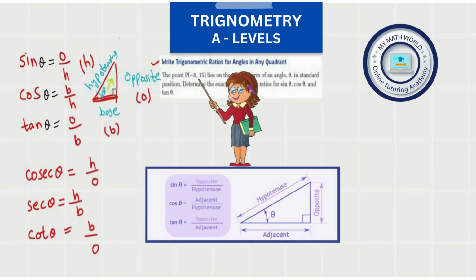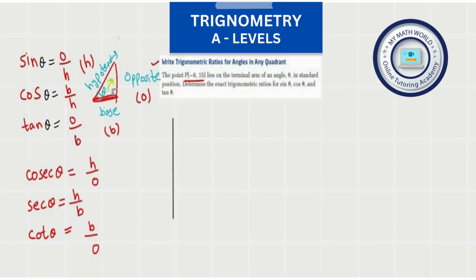For this question we first need to show this point, which is minus 8 and 15, on the axis. So let's draw some axis. This is going to be the y-axis and the x-axis would be on this side. Now we have to show this point over there.